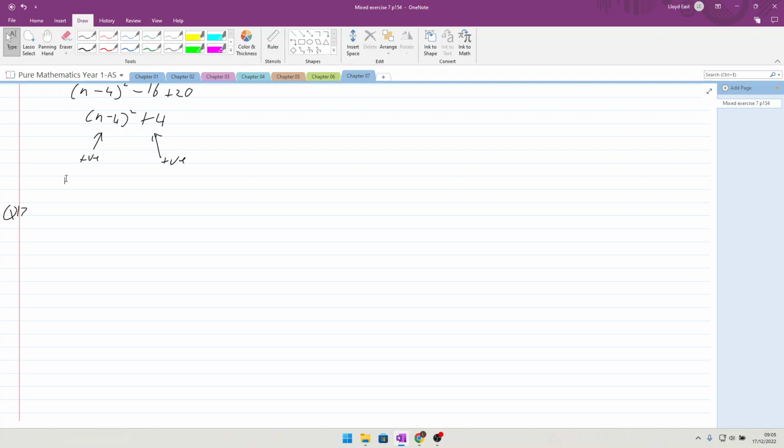So, because n minus 4 squared is a square, its result is a positive. 4 is a positive number, and any positive number plus positive gives a positive answer.